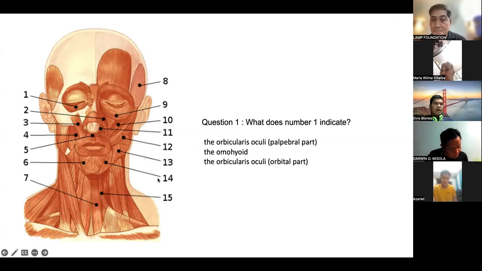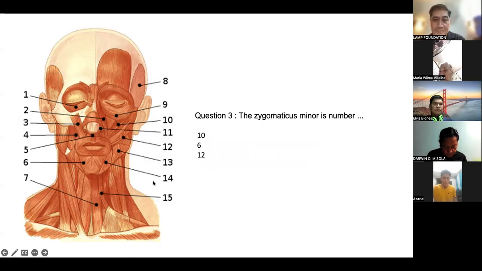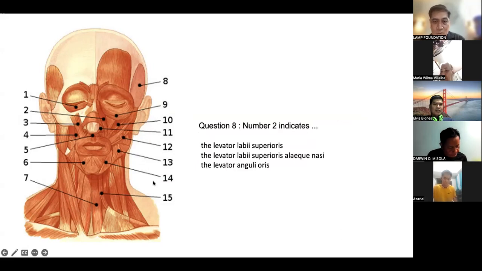Okay. Muscle number 4 is? The levator anguli oris. Which number indicates the temporoparietalis? Number 8. Number 9 indicates what? The orbicularis oculi orbital part. What does number 5 indicate? Number 5 is depressor septi nasi. Number 2 indicates what?